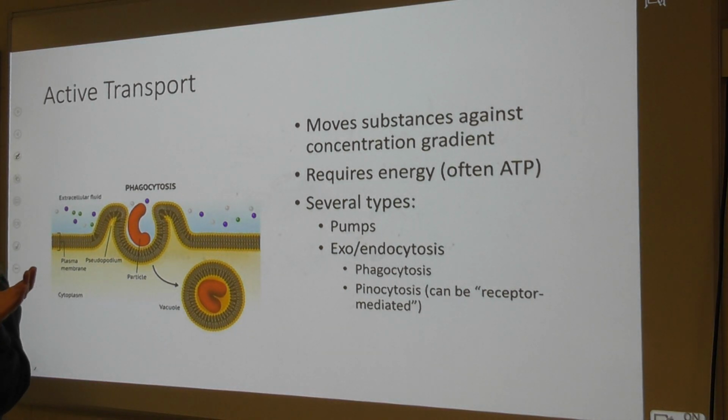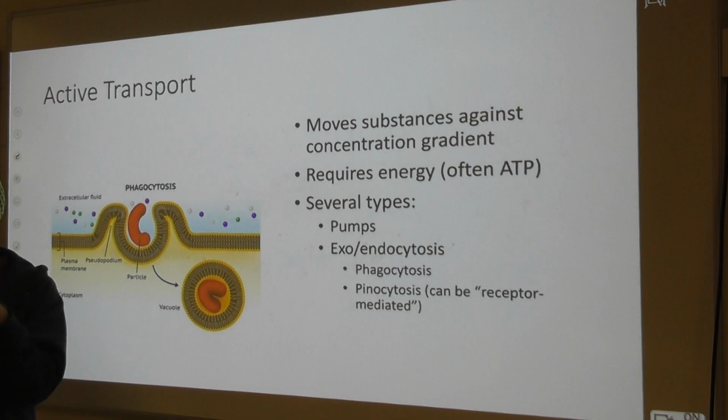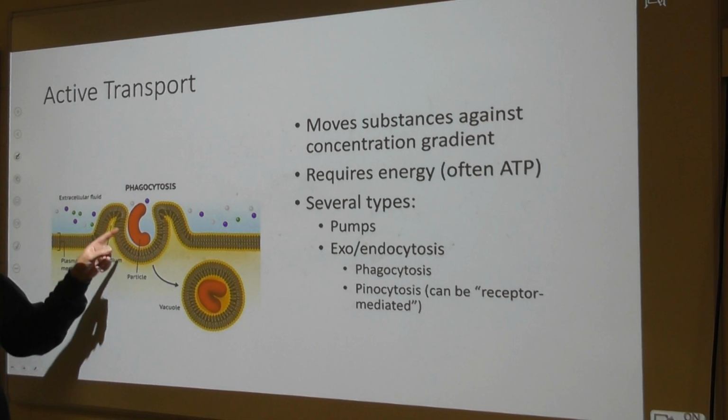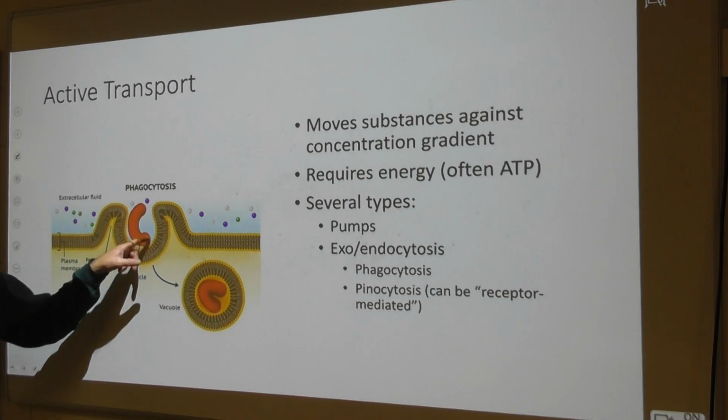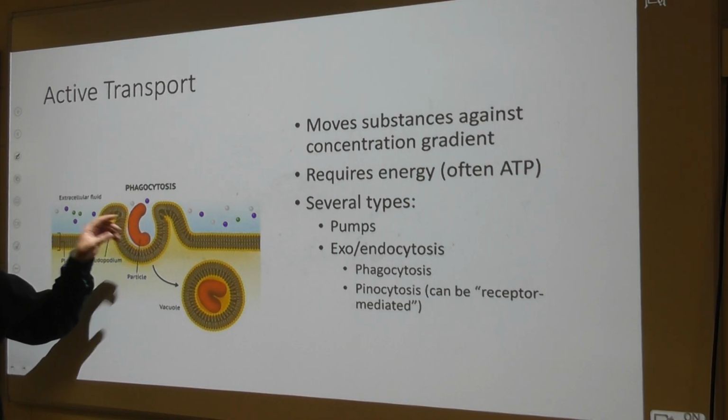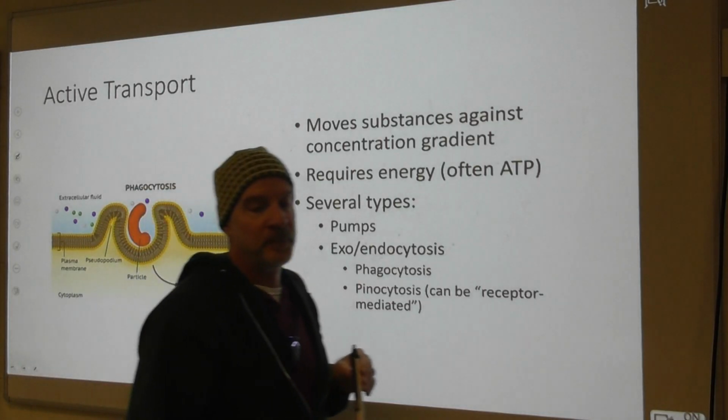Pinocytosis might not happen unless there's something that the cell needs, but it also will pull in some other stuff too. So if it wraps itself around some potassium ions to pull them into the cell, it'll also get whatever else is in the vicinity. Whereas phagocytosis tends to be very specific to some particular large molecule, and it's a little bit more exclusive.